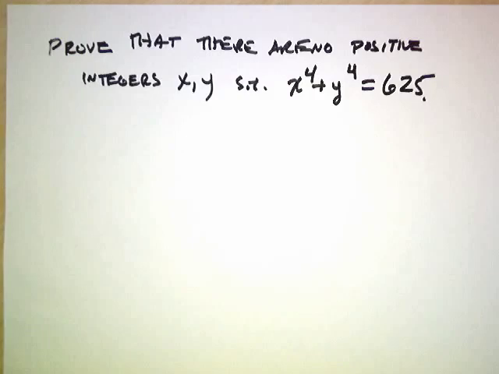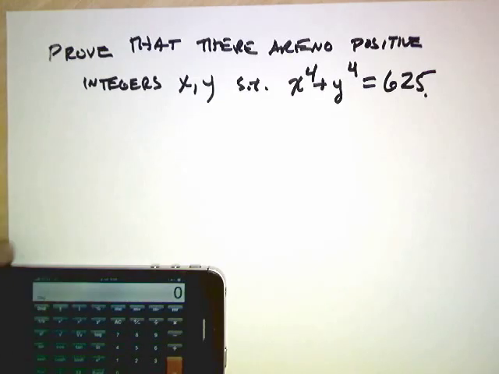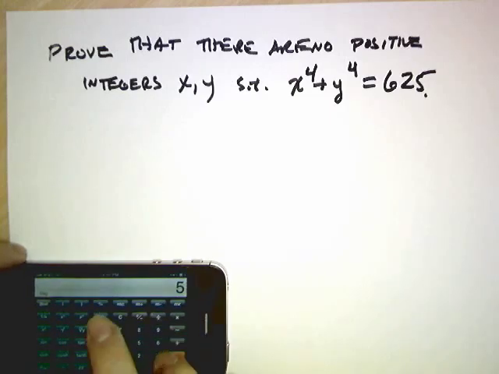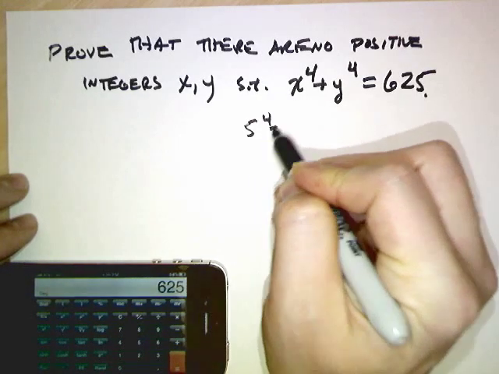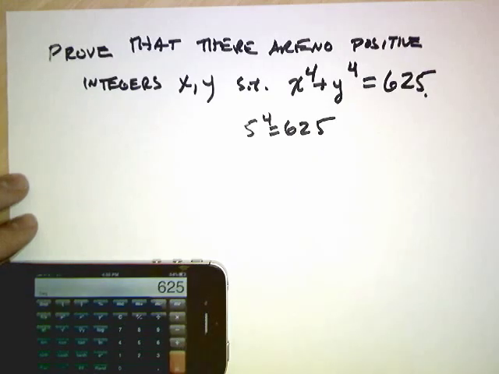Okay, so again we can take out our calculator, and what if we let y be 5 and we raise it to the fourth power? Well, we get 625. So 5 to the fourth equals 625.